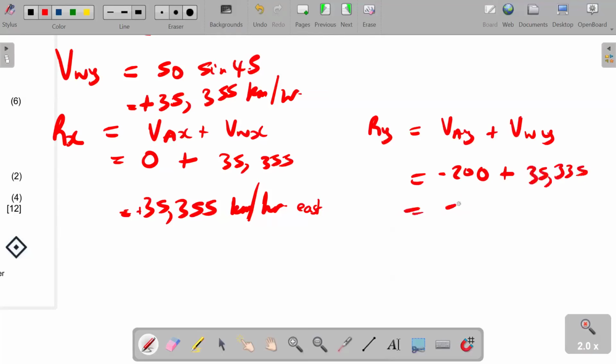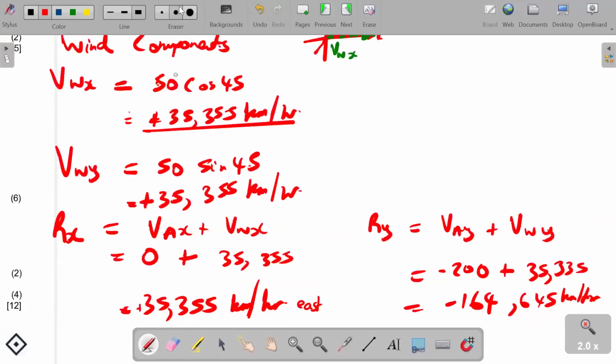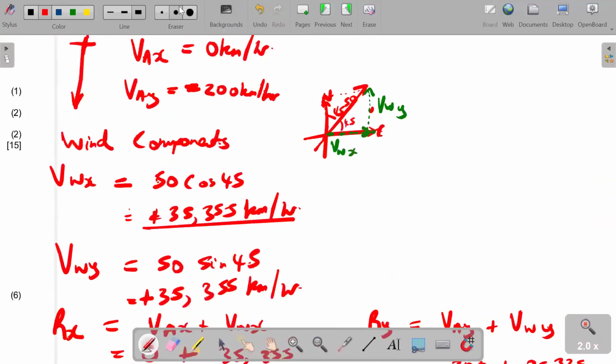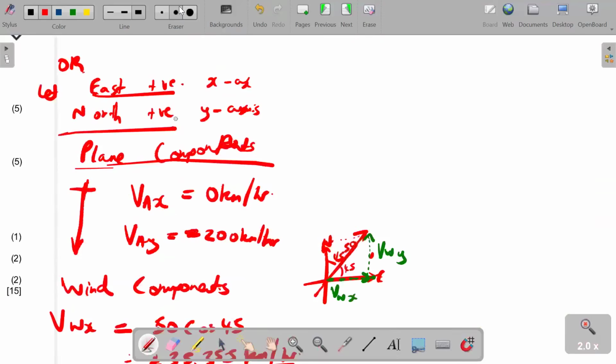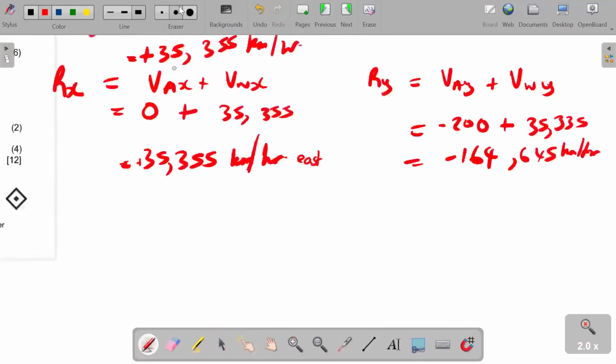Adding these two gives us negative 164.645 kilometers per hour. That negative alone is telling us the direction. What did we choose as positive? We chose upwards, north, as positive when we started. So this is south. The vertical component is obviously going to the south.